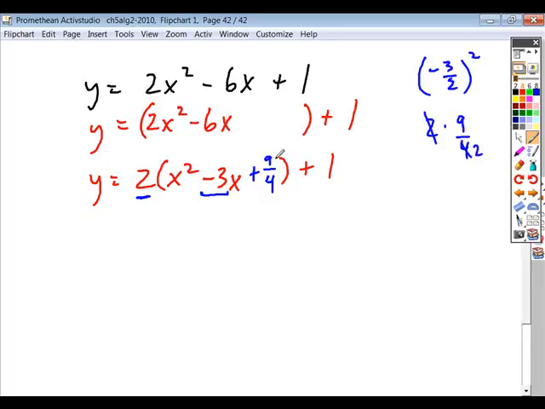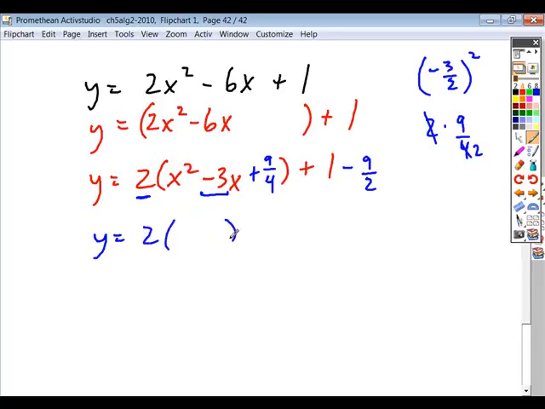So I didn't really add 9/4 inside this equation. I actually added 9/4 times 2, which is 9/2. So how do I balance the equation? I undo 9/2. Okay, so you do have to make sure you balance the equation correctly when this is the case. But then everything else winds up being the same.